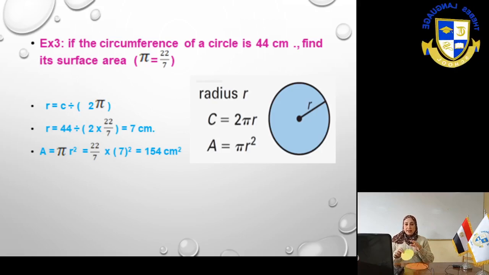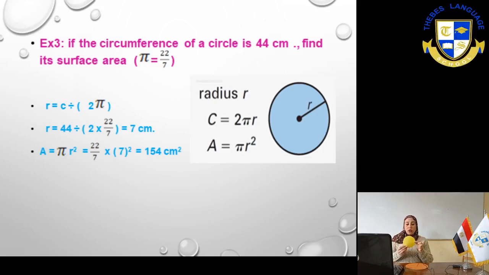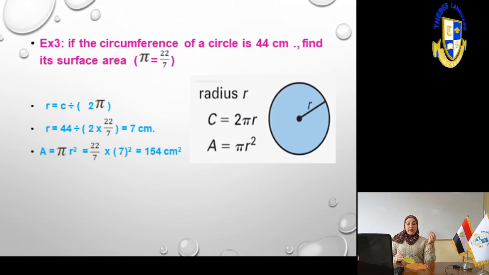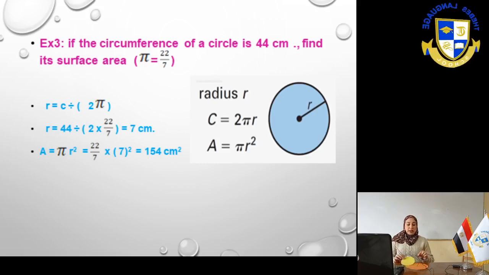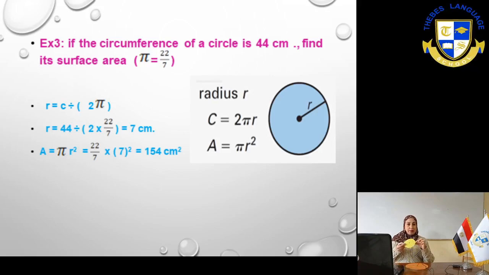Now, I have the circumference, but I want to calculate the radius length. So, radius equals 44 divided by 2 multiplied by 22 over 7, equals 7 centimeters. 7 centimeters represents the radius length.